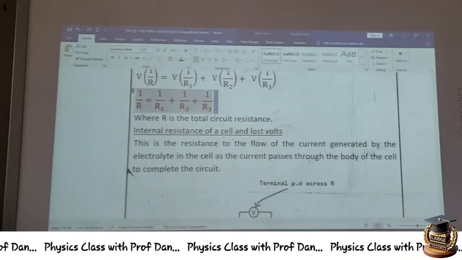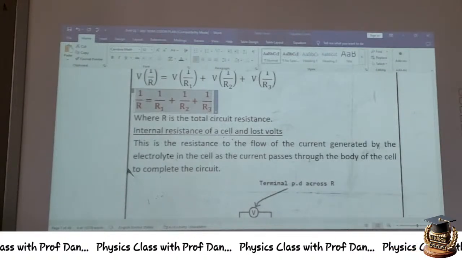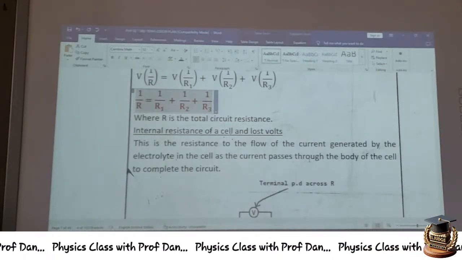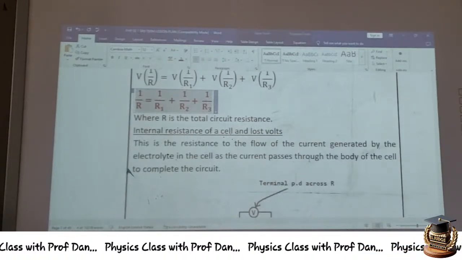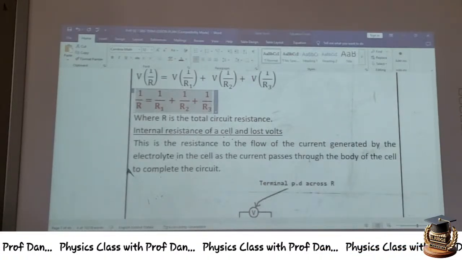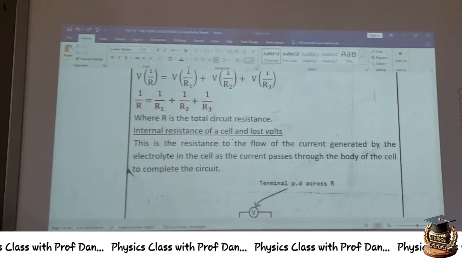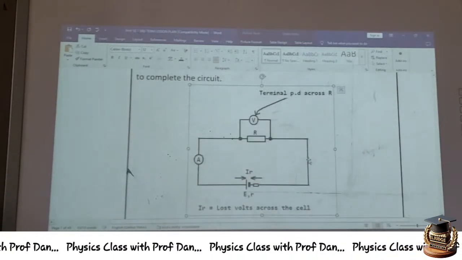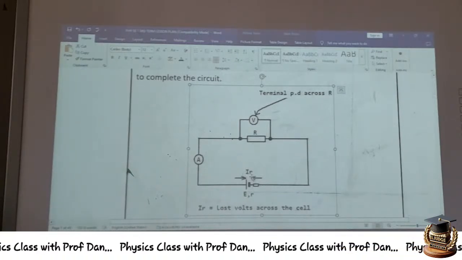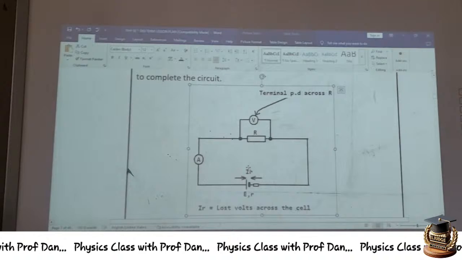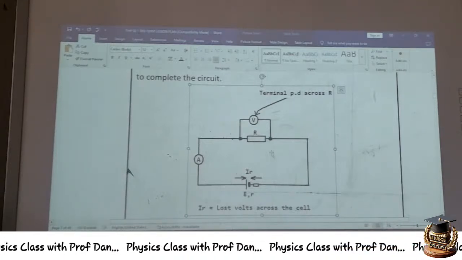So that means there is a particular drawdown in the value of the current based on the fact that the cell itself offers a resistance, and that resistance is called the internal resistance.